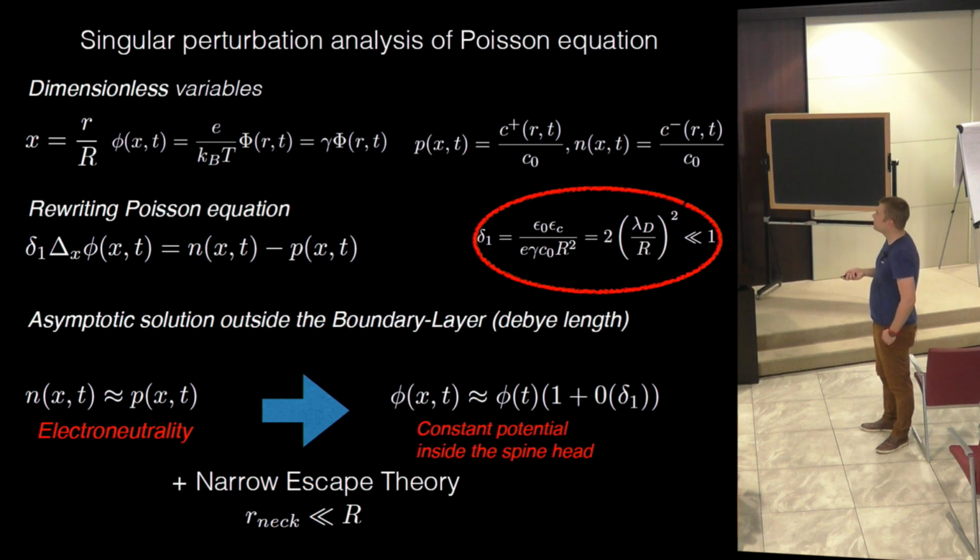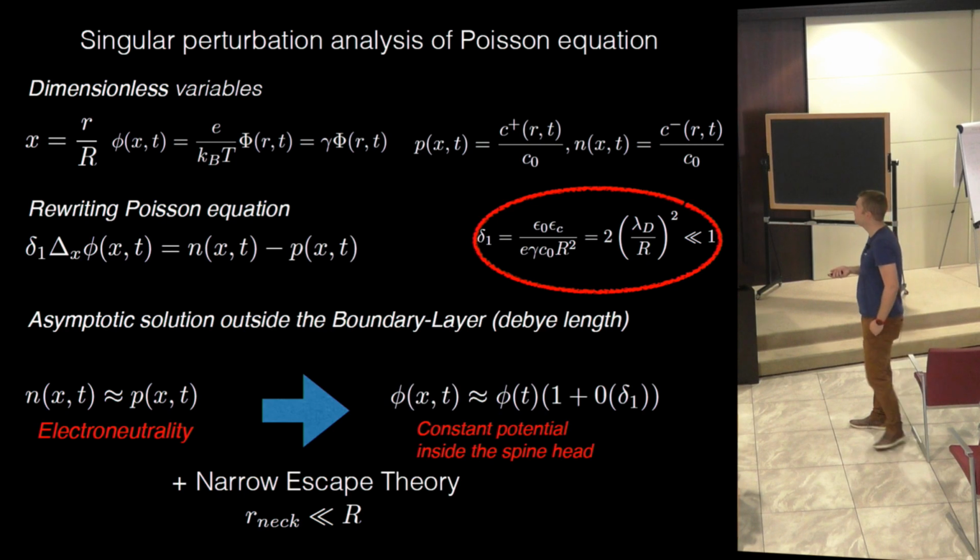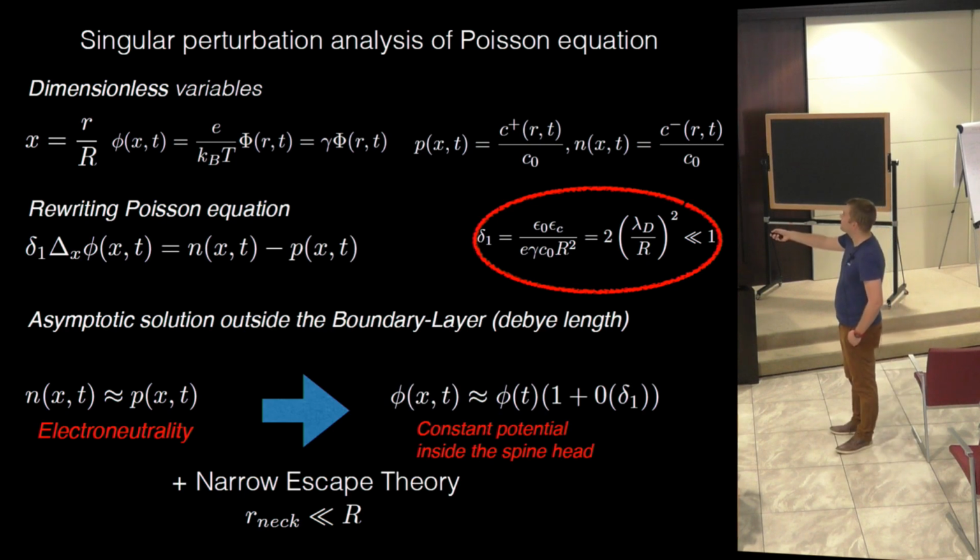So I'm going to show you what we did in the head with the Poisson equation. These are the dimensionless variables. Typically you divide the distance to the center by the radius of the head. For the potential, you divide by this gamma constant, which is more or less the inverse of 25 millivolts.